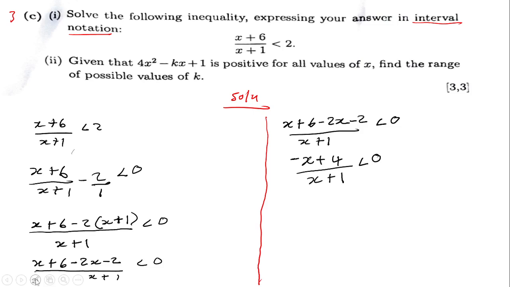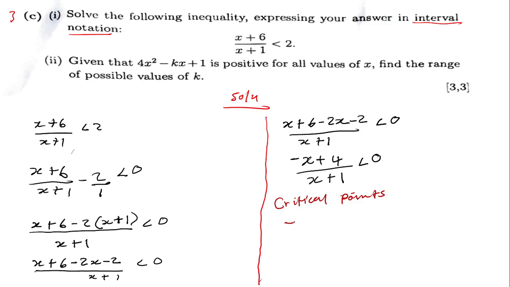Once you reach this stage, what you have to do now is look for the critical points, just like we solved in Math 1120. For the critical point, we get the numerator.